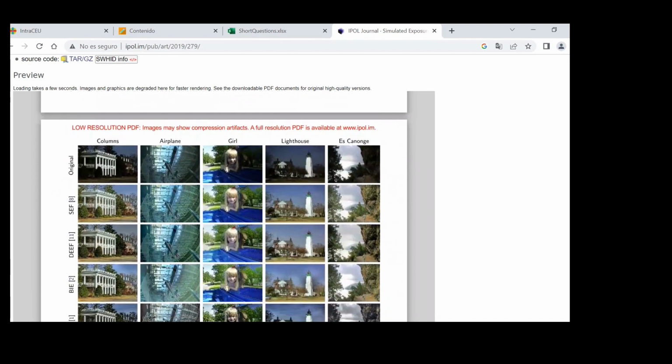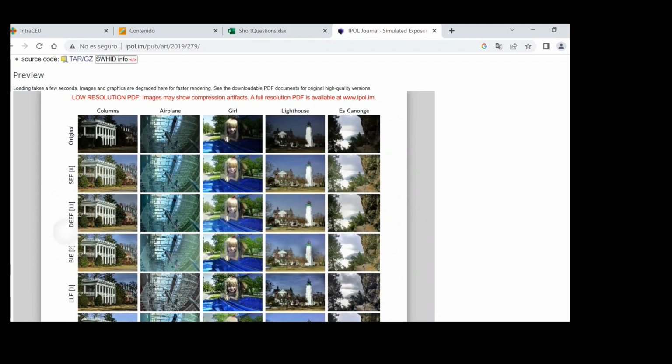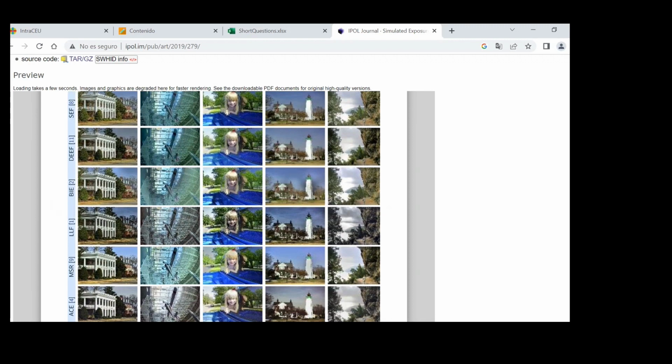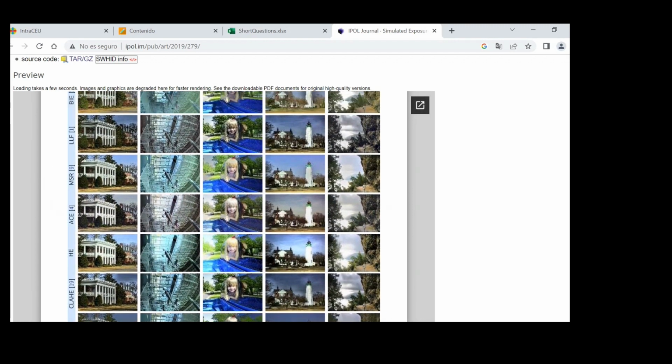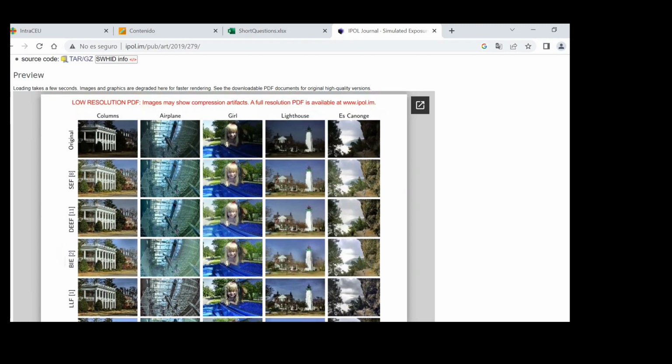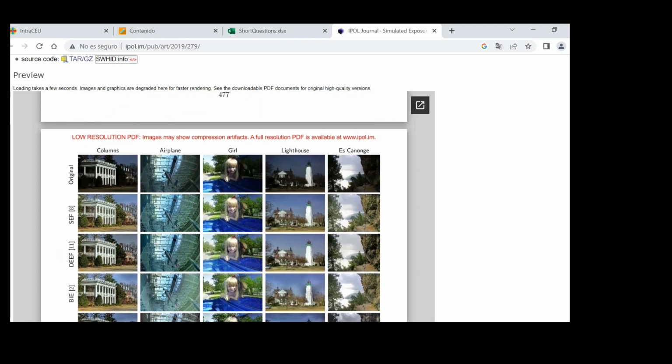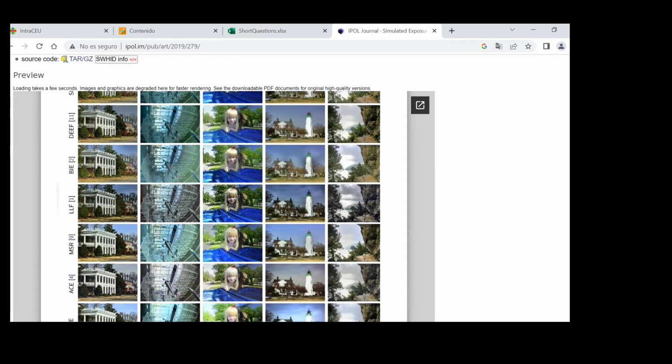And then here they have examples. Whenever you produce a new algorithm, you have to compare it to many other things. This is the input image, and then you compare your algorithm to other algorithms. These are the outputs of the algorithms referred to in reference 8, reference 11, and reference 2.